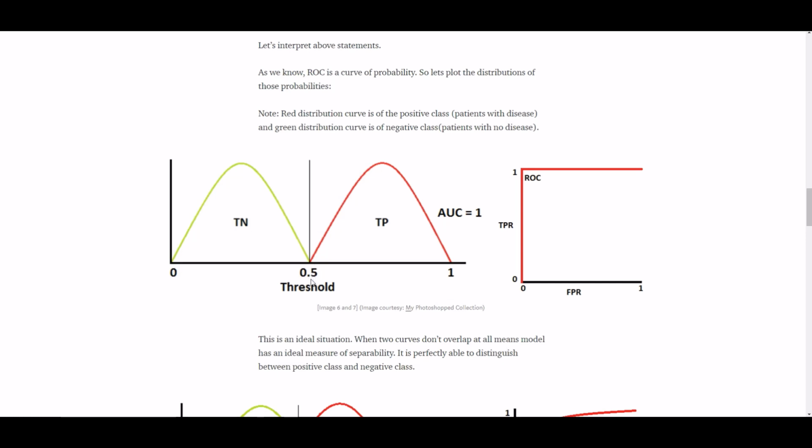The threshold varies from 0 to 1, and you can use these different thresholds to calculate your true negatives and true positives. And in this case, these two curves will not intersect. And so you have a perfect situation where you're predicting the positives as positives and negatives as negatives.